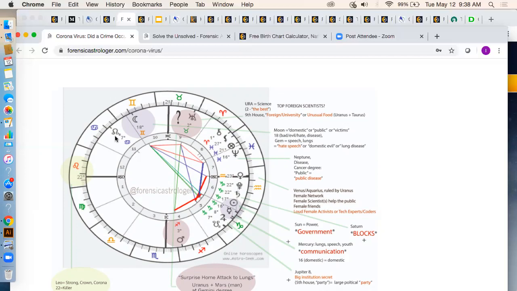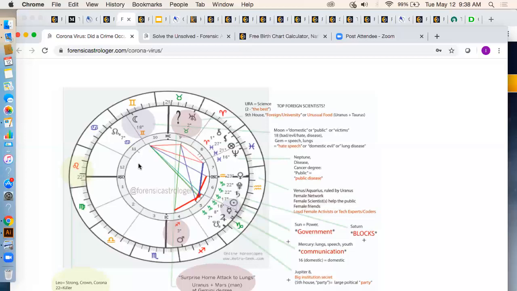Domestic here, I believe, means China, and where the virus was first discovered. At 7 degrees, that represents an Asian person because it's the Libra degree, and Libra means Asian. So I imagine this shows an Asian scientist lied. The 11th house is the science and engineering house since it's ruled traditionally by Uranus.